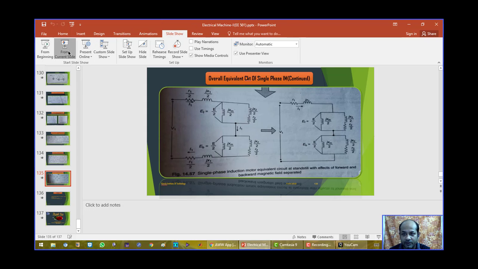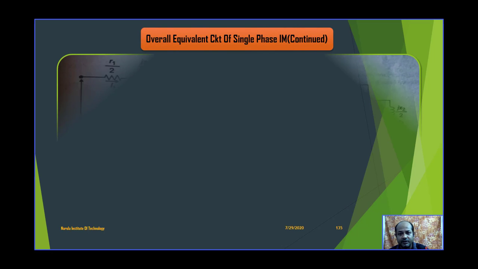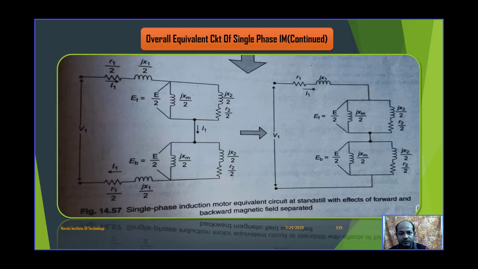So this is all about the equivalent circuit of the single phase induction motor. If we sum up today's class, a single phase induction motor is represented by the double field revolving theory, because we are not considering the cross field theory.